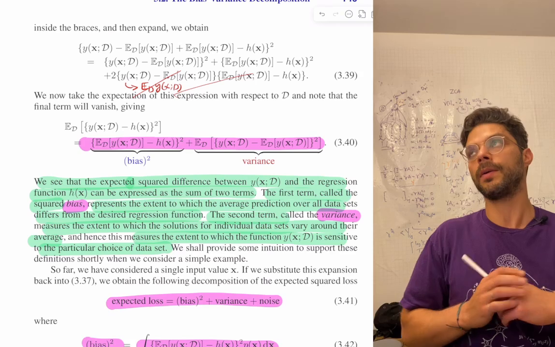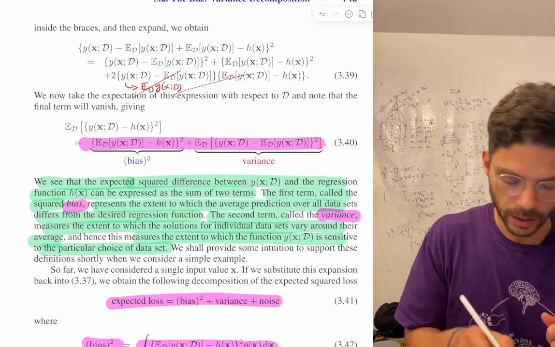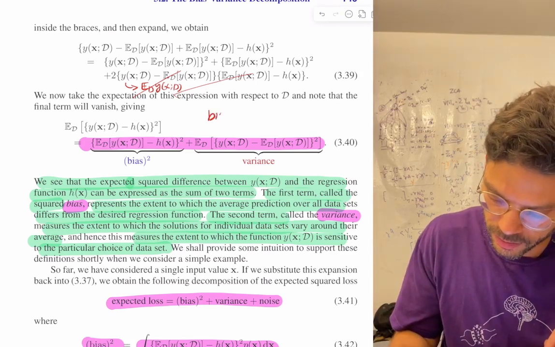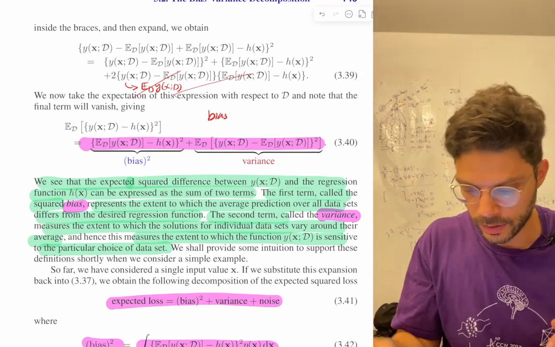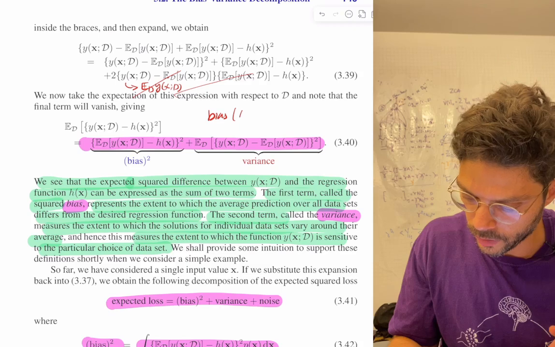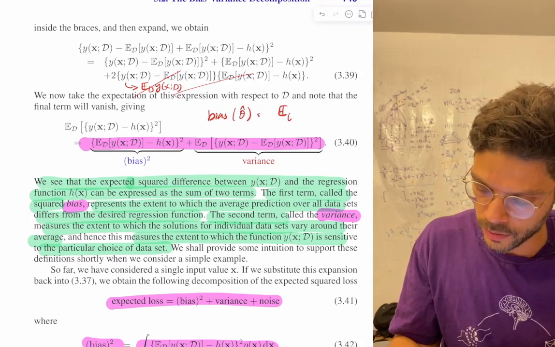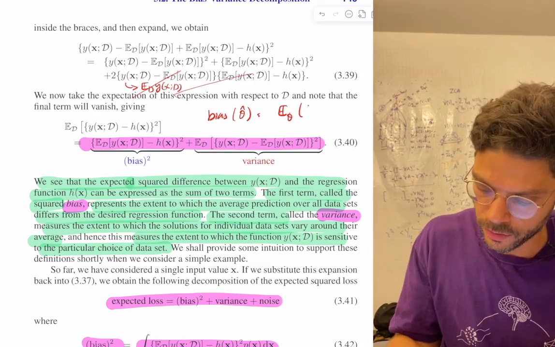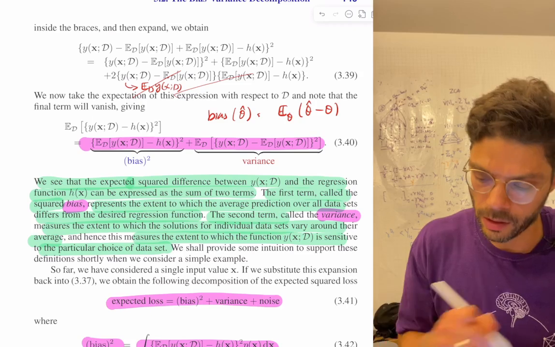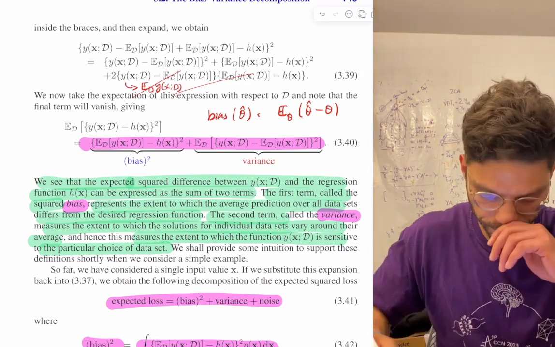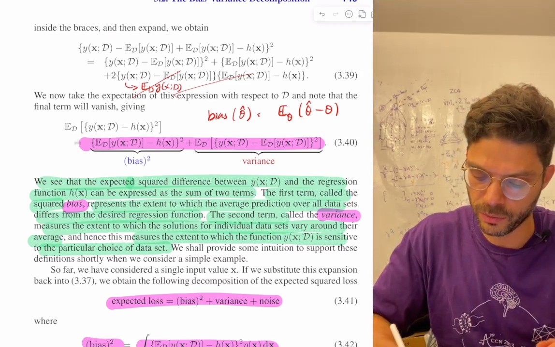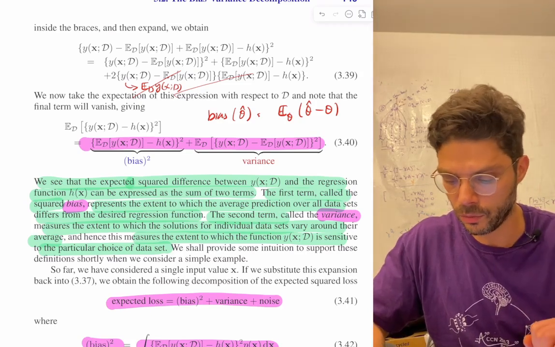In statistics, the bias of an estimator, if I remember correctly, is the expectation of the estimator minus its true value. That's kind of what we have here.